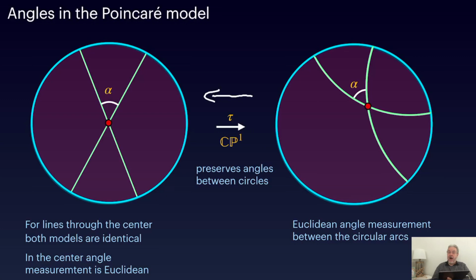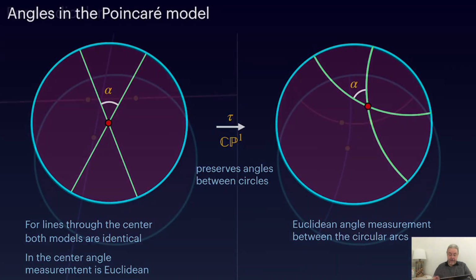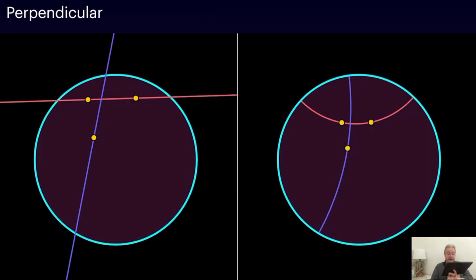So angles are not disturbed by this kind of representation. So in the Poincare disk, angles that appear to be a certain Euclidean angle are really the same angle also in hyperbolic geometry. Let me apply that to perpendicularity.